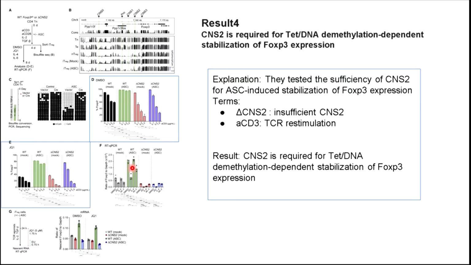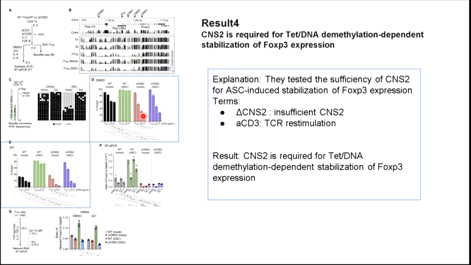Comparing these two, CNS2 deficient iTreg cells appear to be less stable than CNS2 sufficient iTreg cells, and these results suggest a minor role of CNS2 in maintaining Foxp3 expression before DNA demethylation.